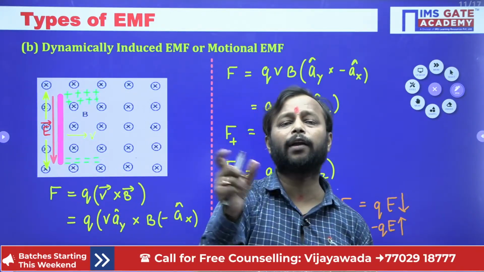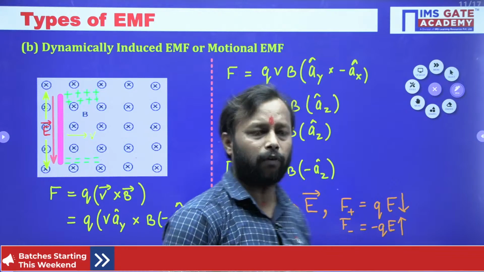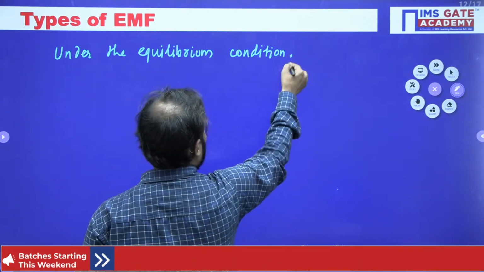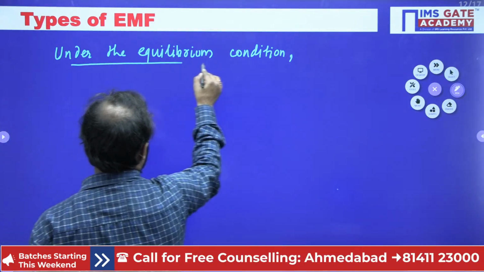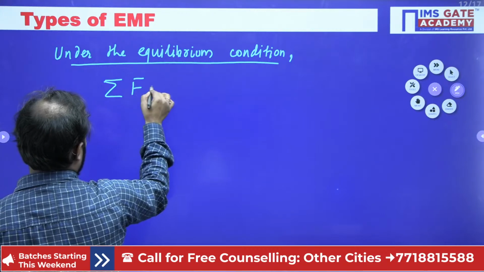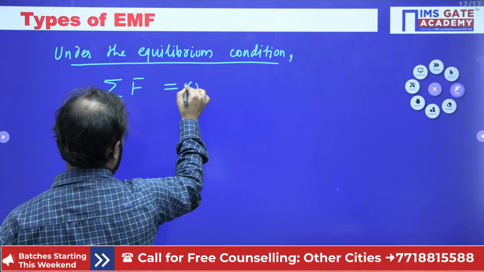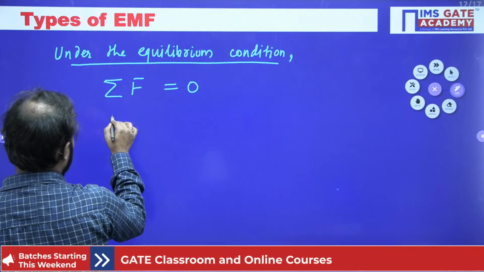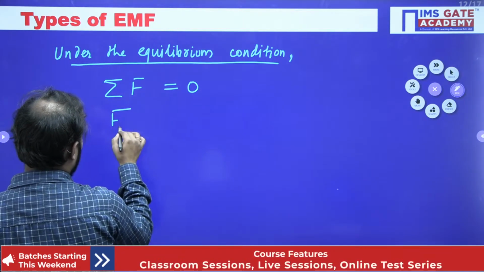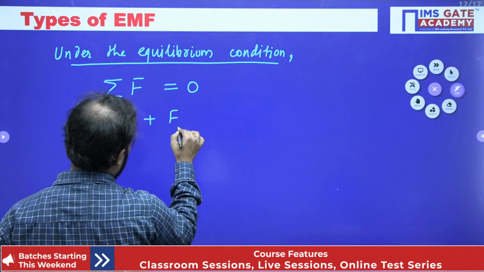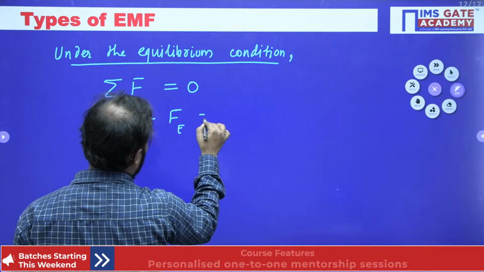So what will the net effect of the force be? The net force on a charge will be equal to 0, isn't it? So this F, due to the magnetic field plus due to the electric field, is equal to 0.